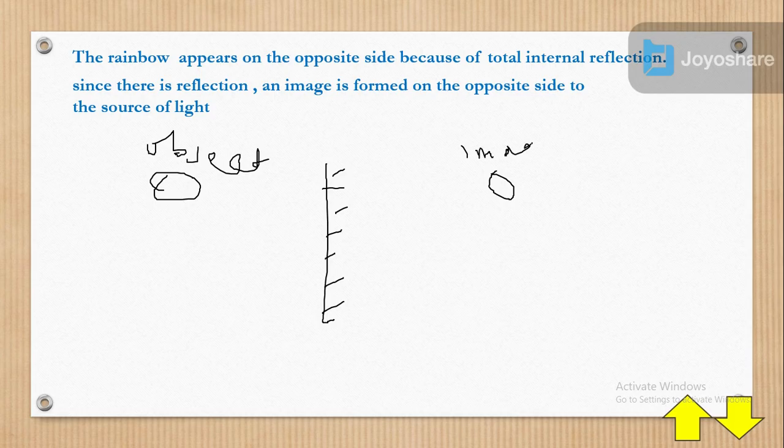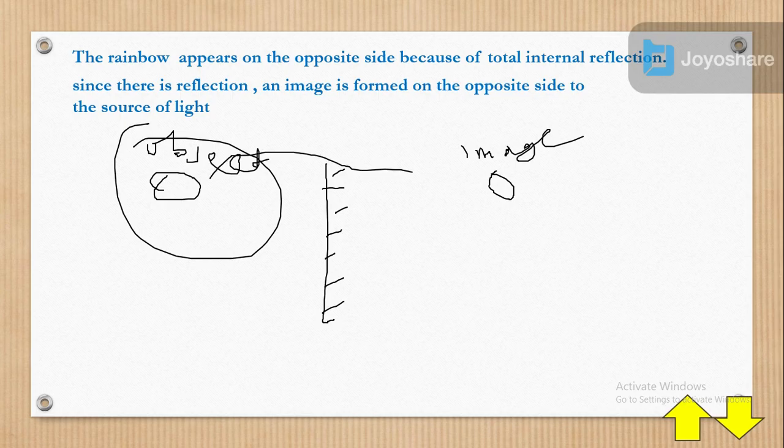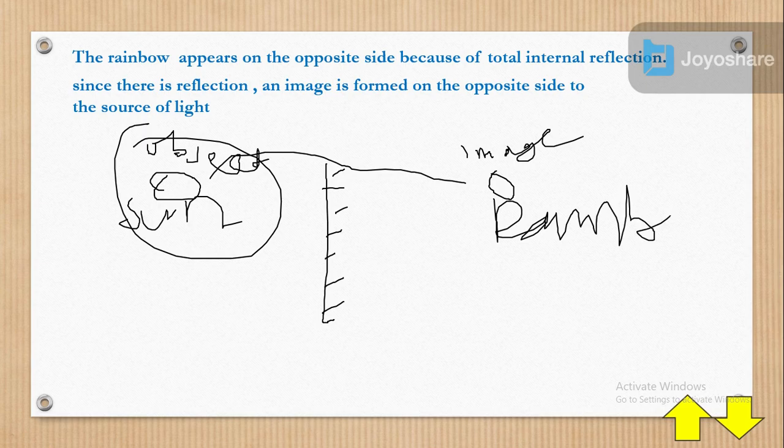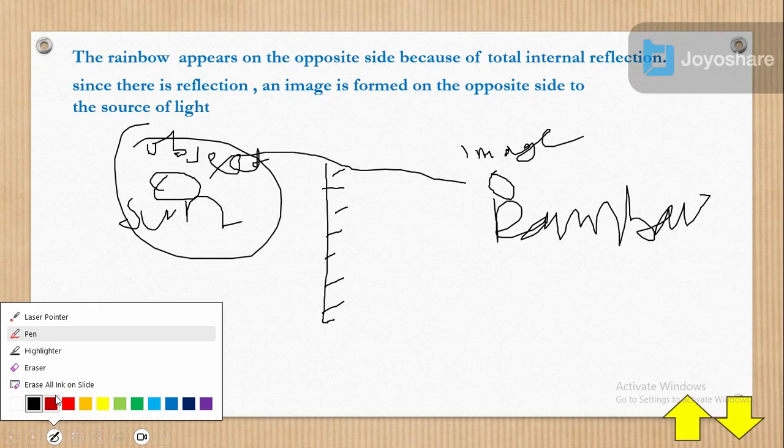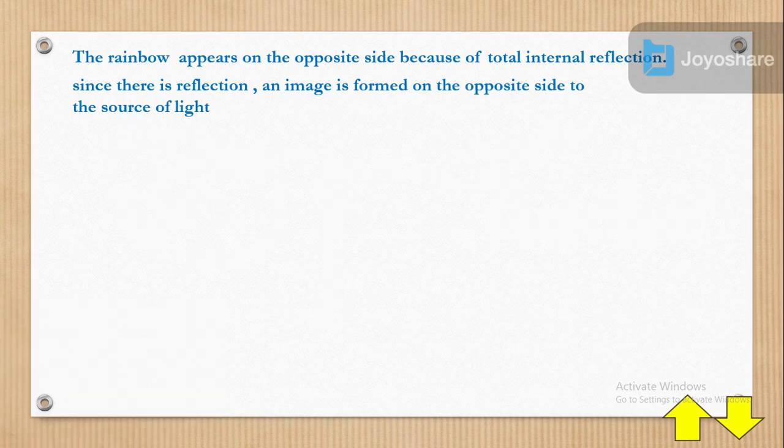So where reflection takes place, it means that the object must be on the opposite side to the image, and that explains why the rainbow. Now this will be more like our sun, and this now will be our rainbow. So with reflection, they must all be formed on opposite sides. That has been successfully explained.